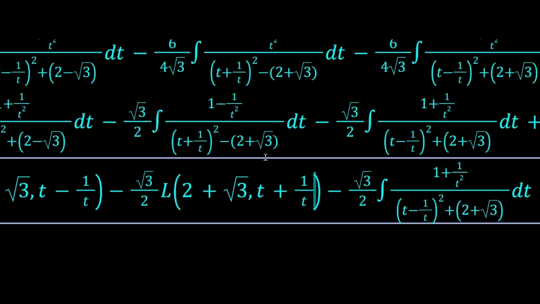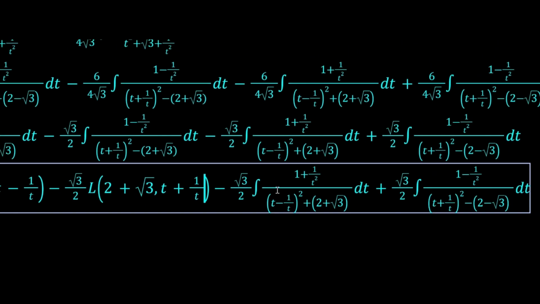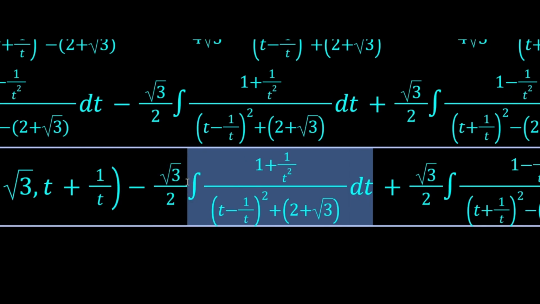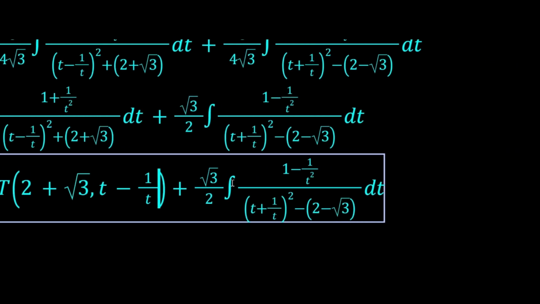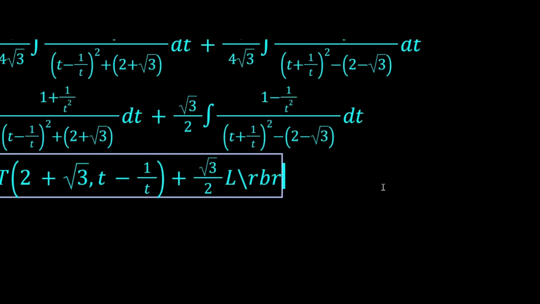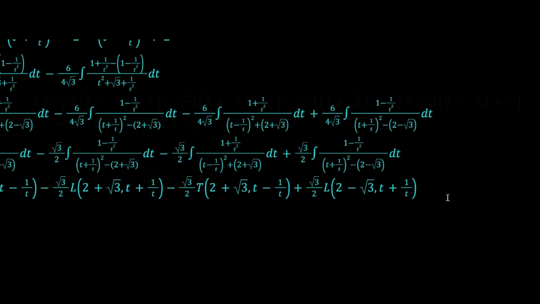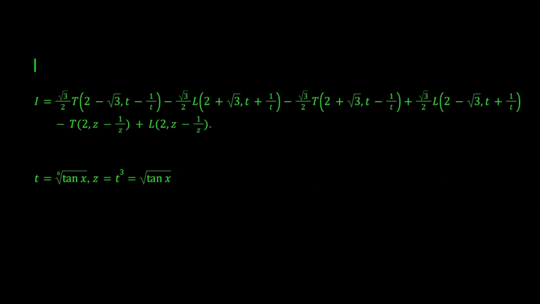Hopefully you understand that. I don't know, this video is really cooked, so I don't know if I'm explaining this well. Anyway, this next one is a t integral, and this last one would be an L integral. So 2 minus root 3 is the constant. t plus 1 on t is the actual thing. Now we're done with I1 and I2.